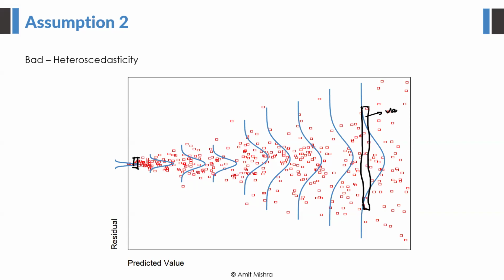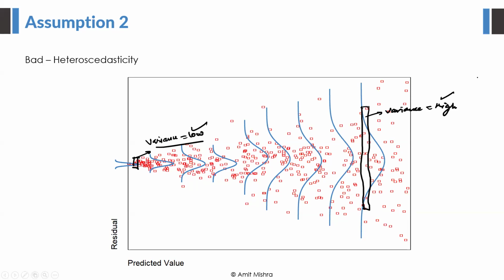So on one side we have low variance, whereas on the other side we have high variance.